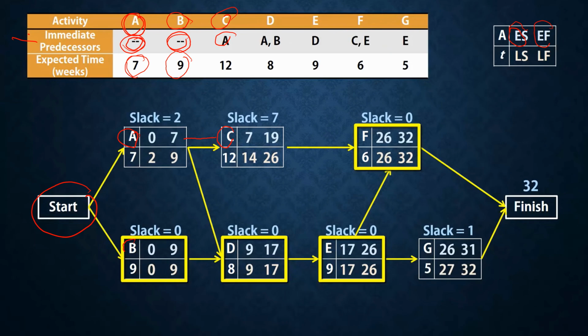Here, for early start of A, we can start immediately. So A's early start is 0 and the process requires 7 weeks. So 0 plus 7 is 7. And here B, 0 plus 9 is 9.